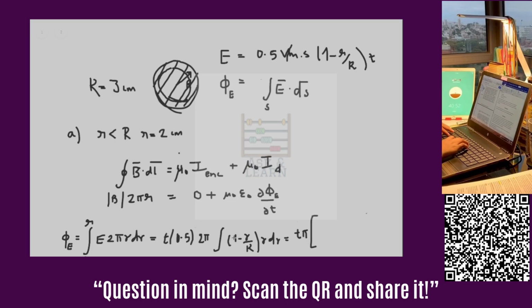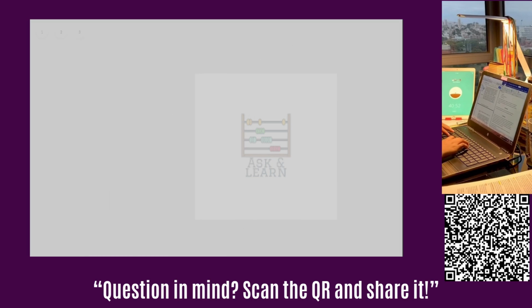We'll take the first part, which is r dr. The integral of r dr is r squared over 2. And the integral of this part is minus r squared dr over R, which will be equal to minus r cubed over 3R. The limits for integration were 0 to some r. When we put 0, it goes away, so we'll just have this as the final integral.